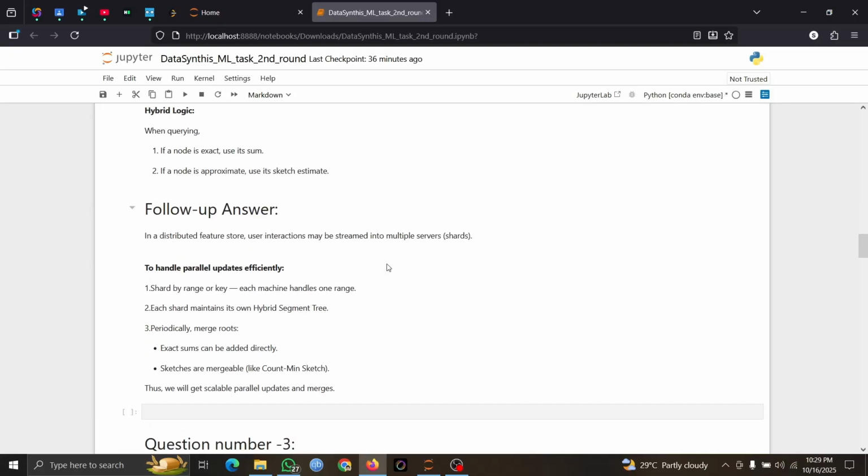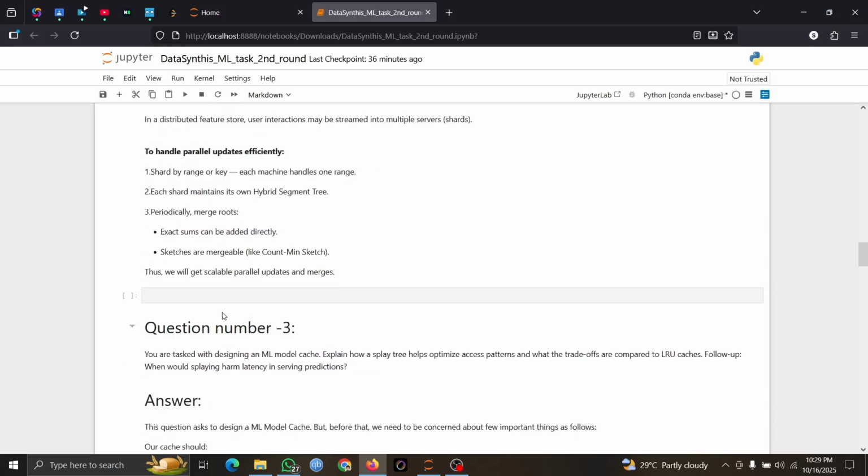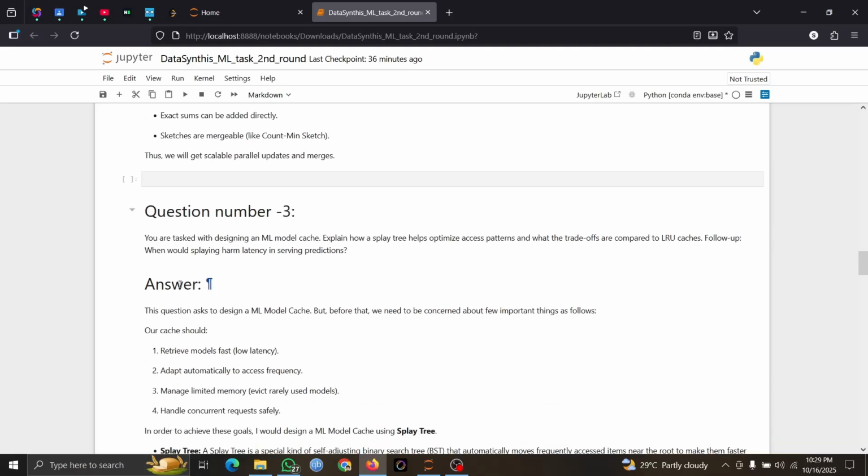Okay, I can parallelize here by sharding by range or keys, so each machine can handle one range, and each shard maintains its own hybrid segment tree, and I will periodically merge to the roots. Where we find the exact sum, it will be added directly, and if we find the approximate sum, then sketches are merged, like count-min sketch and others.